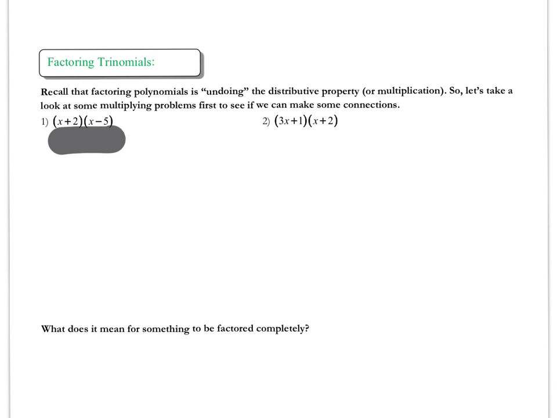So let's analyze this and see if we can notice any patterns. When I double distribute number one, what you notice, I hope, is that it creates a 4-term polynomial. And we usually add the two middle numbers together and we get a trinomial as our final answer.